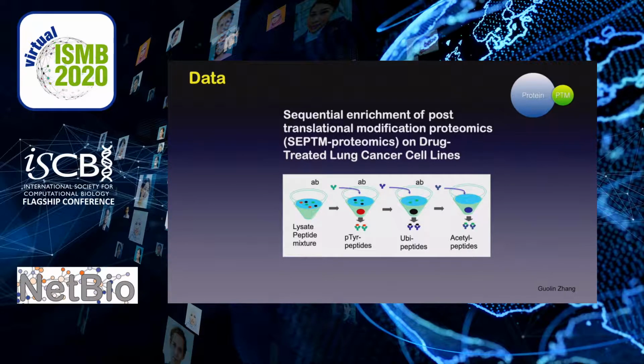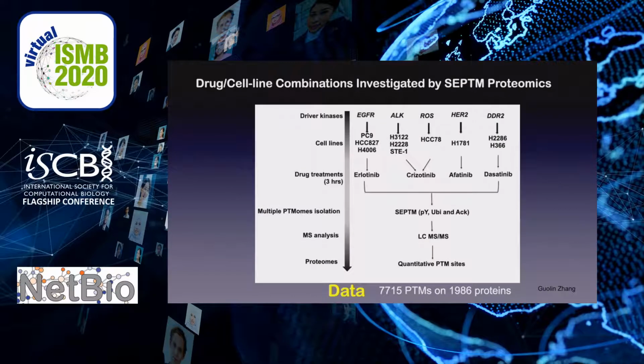Proteins modified by phosphotyrosine, ubiquitination, and acetylation were detected by sequential immunoprecipitation with modification-specific antibodies. 10 cell lines were treated with 4 tyrosine kinase inhibitors as well as a proteasome inhibitor and analyzed to produce these data.